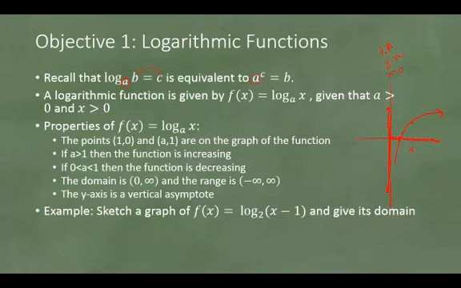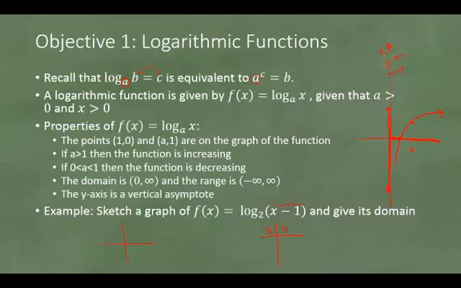We're going to sketch the graph of log with a base 2 of x minus 1 and give its domain. For this graph with a base 2, remember we can always try different x and y values. If x is equal to, remember what goes in here has to be positive.